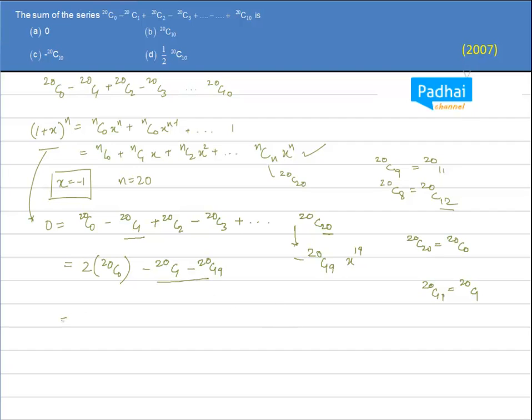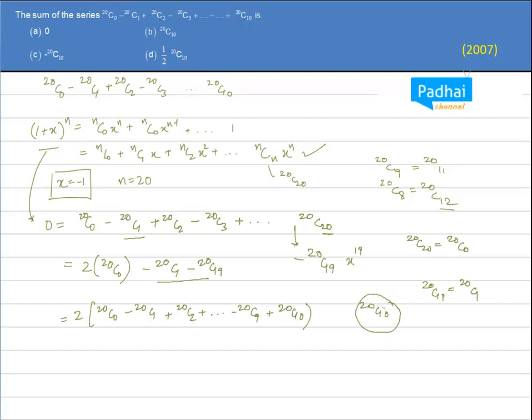So I write 2 times 20C0 minus 2 times 20C1, and similarly these steps go on for 20C2 up till 20C9, which will be minus, plus 20C10. But remember this term 20C10 will be there only once. It cannot be repeated twice.